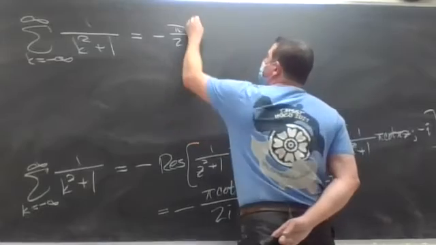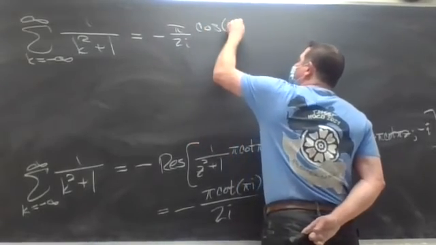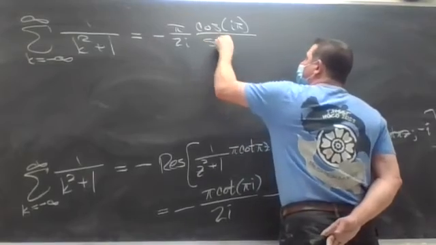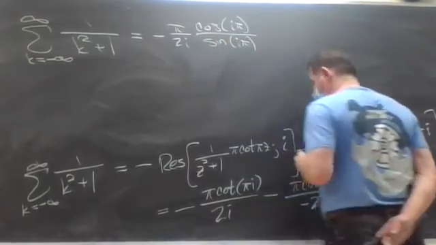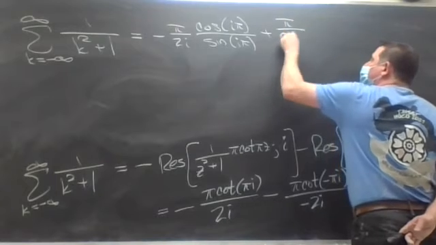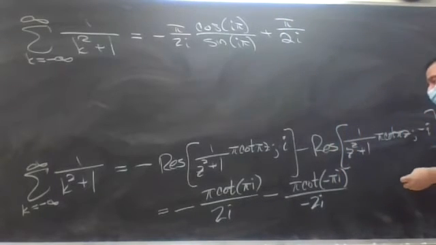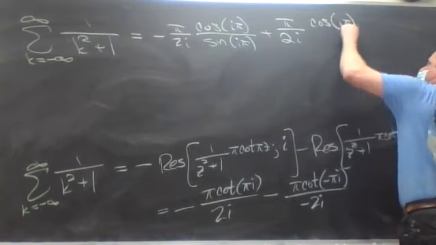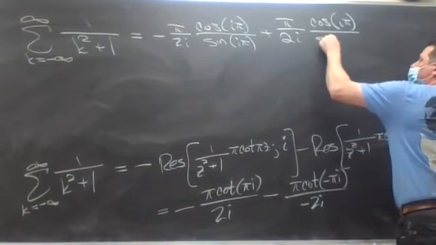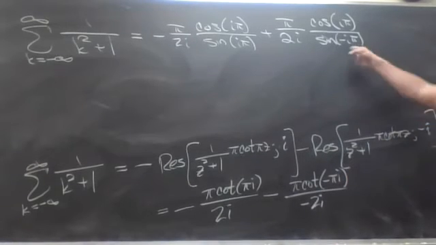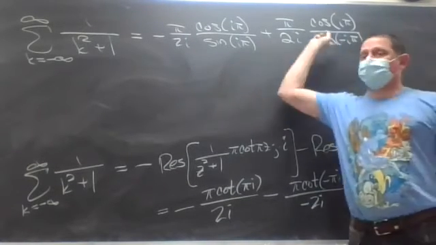And then it's going to be the cosine of i pi divided by the sine of i pi. And then it's going to be plus pi over 2i. Cosine of negative i pi is just the cosine of i pi divided by the sine of negative i pi, which is going to be negative the sine of i pi. So these two are going to give the same result.